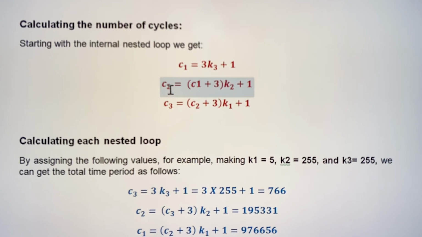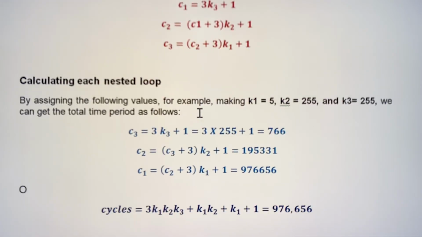And for the second register C2, the second constant K2 times will perform the first loop C1 plus 3 clock cycles, and so on for C3, C2 plus 3. You see, so it is getting nested, and then you multiply by K1 plus 1.